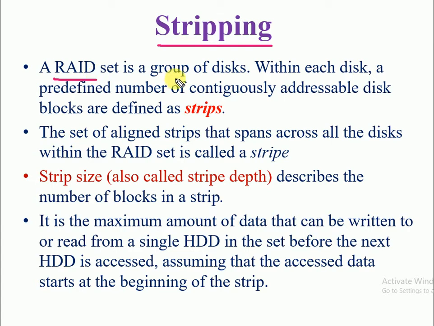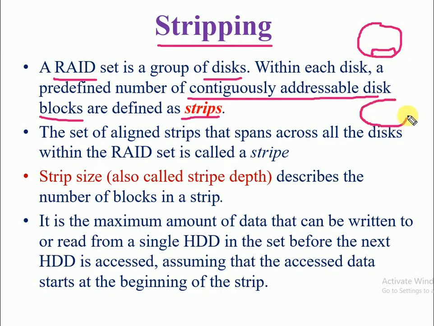A RAID set is a group of disks, so we have a number of disks available, and within each disk a predefined number of contiguously addressable disk blocks are defined, which are called strips. For another disk also we form similar contiguously addressable blocks, which can be called a strip.